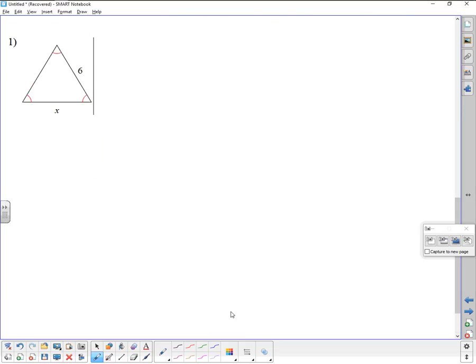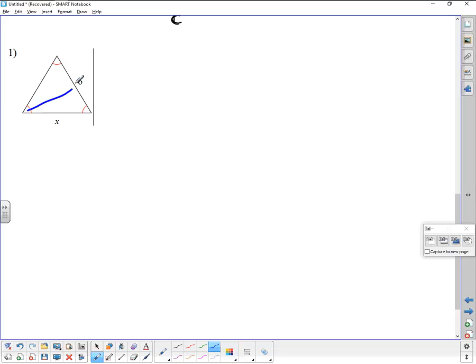Okay. So what you need to know is the following. They gave me that all these angles are congruent. If the angles are congruent, then the sides opposite to them are also congruent. So the side that is opposite to this angle is 6.